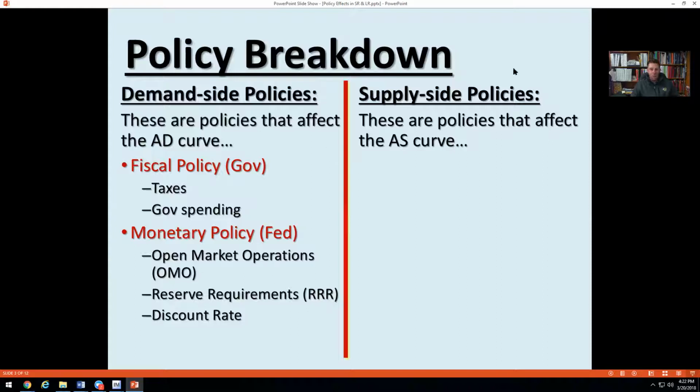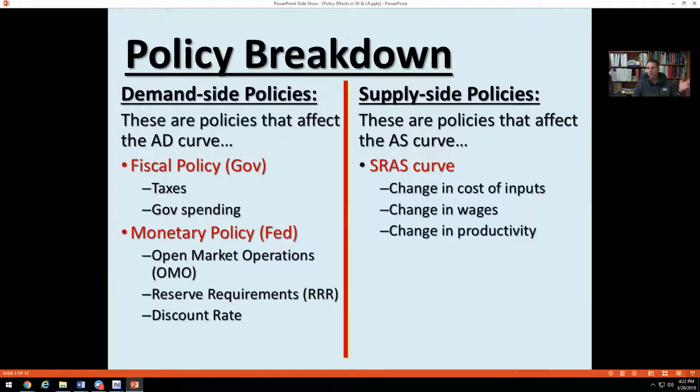That doesn't mean that there are not policies in place that help supply or affect supply as well. So here it is, the short run curve, and we looked at these shifters of supply a long time ago. Changes in input costs, changes in wages, changes in productivity, anything that makes supply easier or more difficult is going to affect our overall level of supply.